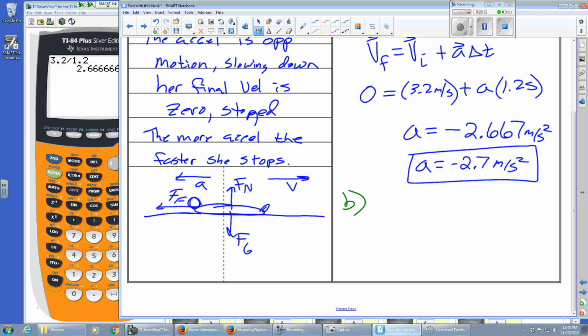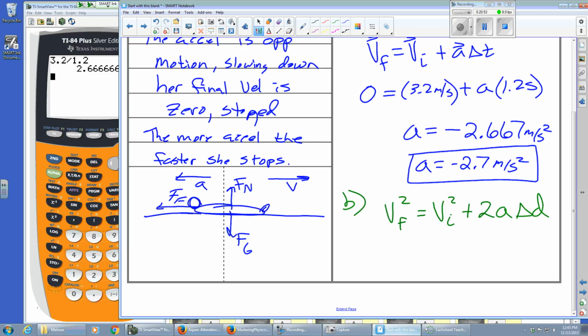Or you can look on the equation sheet and also see this, that v final squared equals v initial squared plus 2a delta d. That's right next to the equation we used on the top. Delta d, that's how far you travel.